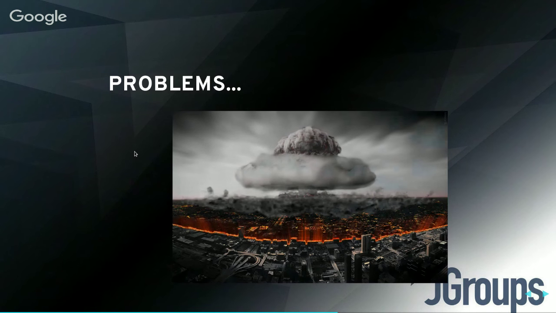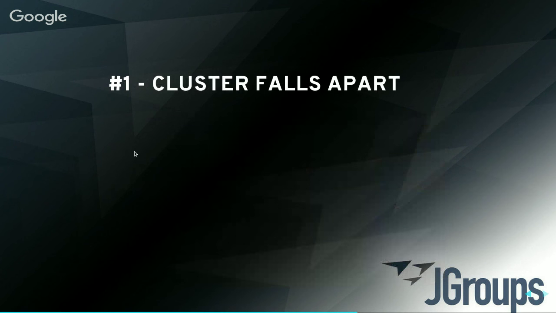There are a lot of problems, especially in our mailing list, and also we receive a lot of emails and requests from GSS. So let me just go through the issues that recur a lot.